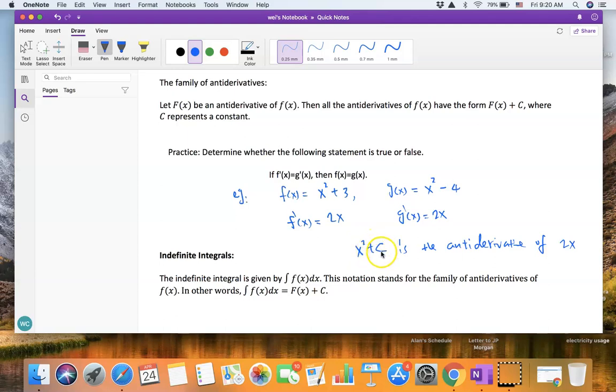Since x squared plus any constant has the derivative 2x, when we take the derivative of x squared plus c, we always get 2x. But because of c, the antiderivatives can be many, like x squared plus 3 or x squared minus 4. Okay, so this statement is not true.